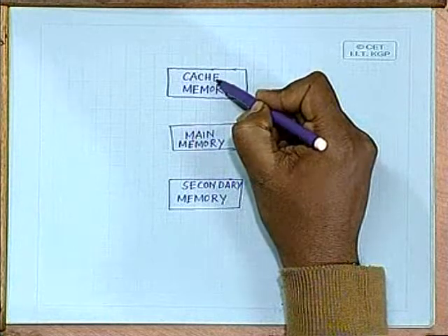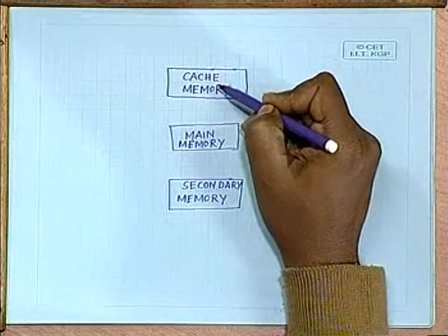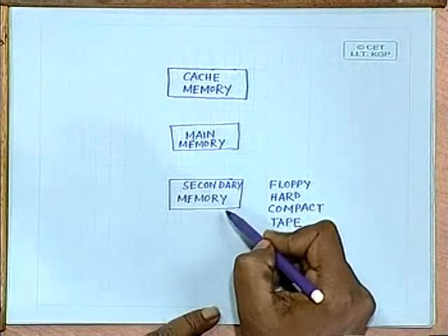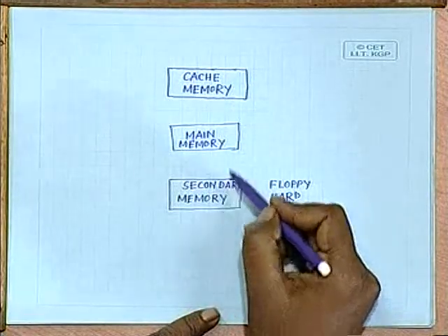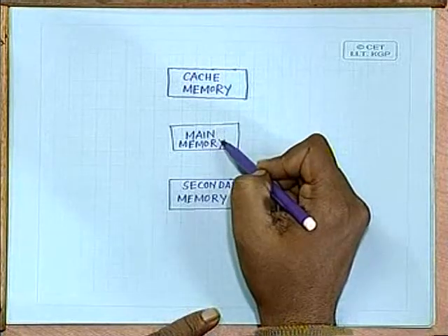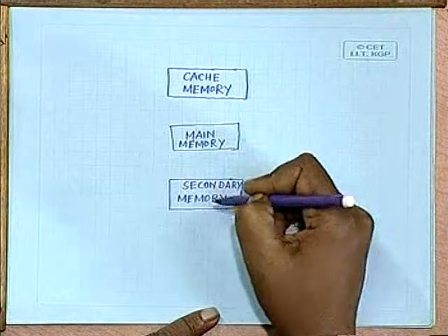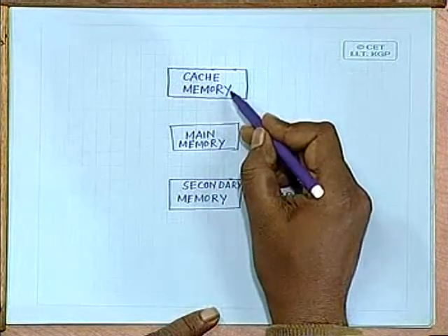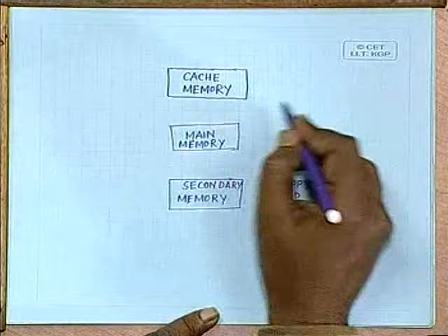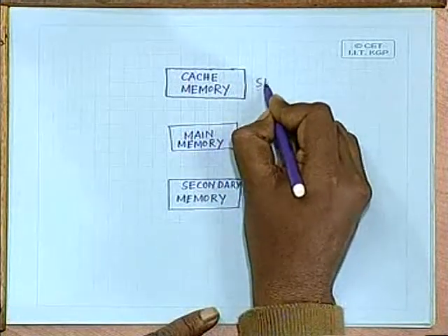Now, the CPU has direct access over the cache memory and main memory, but the CPU does not have direct access over the secondary memory. So, if the data is neither available in the cache memory nor in the main memory, then data has to be read from the secondary memory, and then it has to be put in main memory or cache memory, and then only the CPU can access it. Now, size wise, the cache memory is the smallest among all of them.